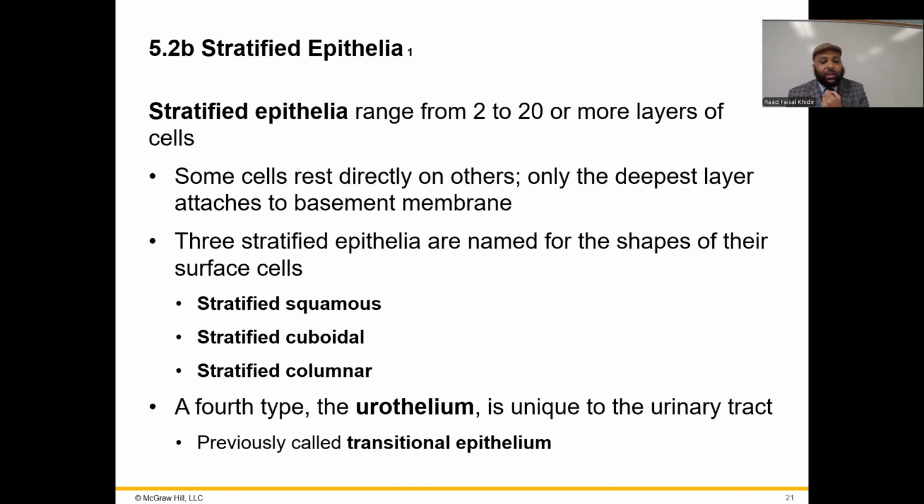There are 3 stratified epithelia, and they are named for the shapes of their surface cells: stratified squamous, stratified cuboidal, and stratified columnar. A 4th type is the urothelium. These are stratified epithelium, only found in the urinary tract. In the past, they used to call them the transitional epithelium.